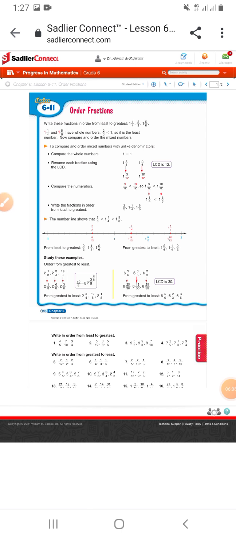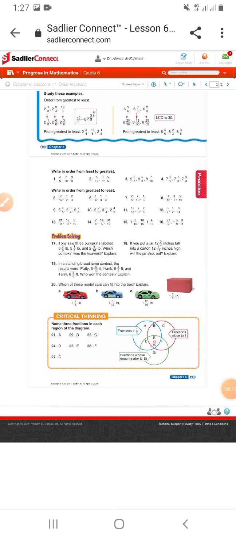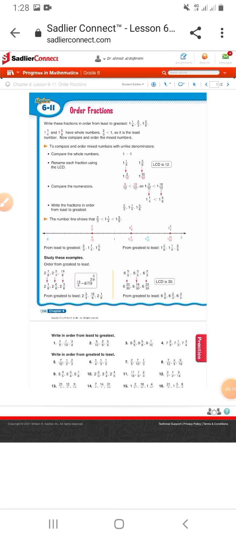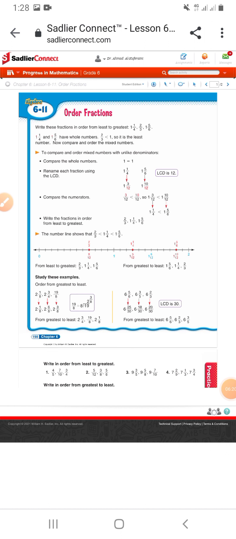To be honest, inshallah on Sunday and on Monday we will be having live classes for this lesson to solve questions from 1 to 16. So this one is just an introduction to order fractions, to study them very well on Sunday and Monday.